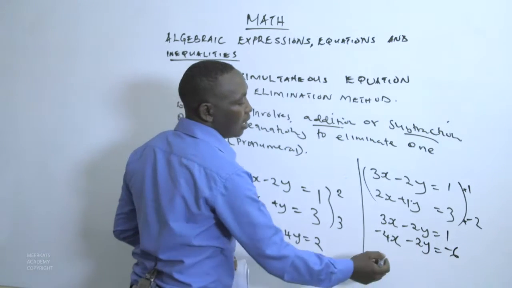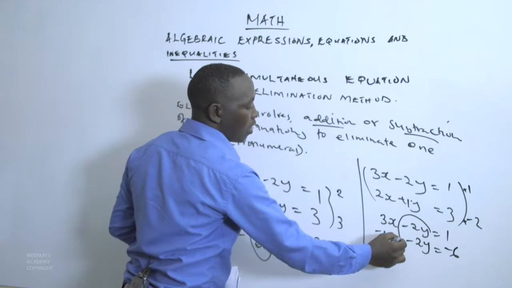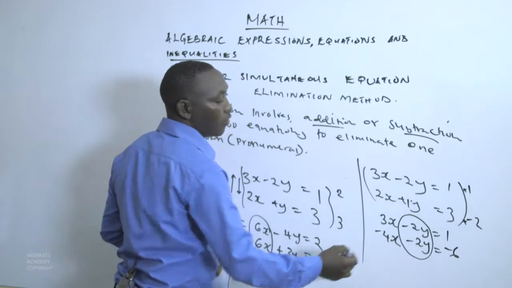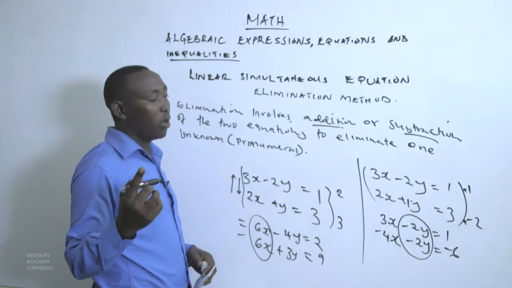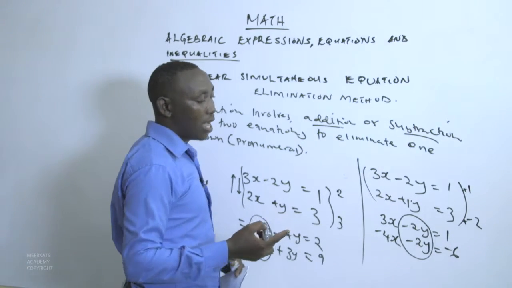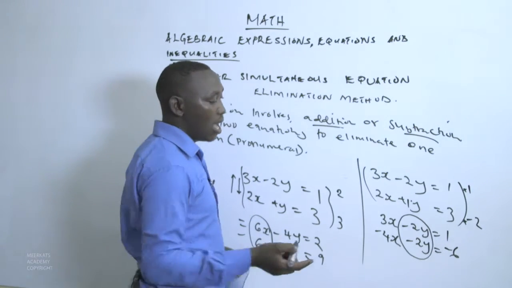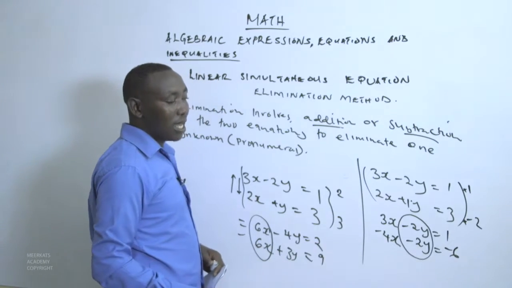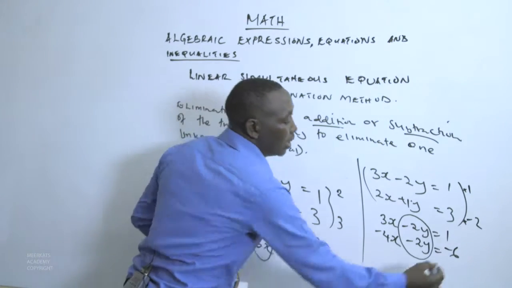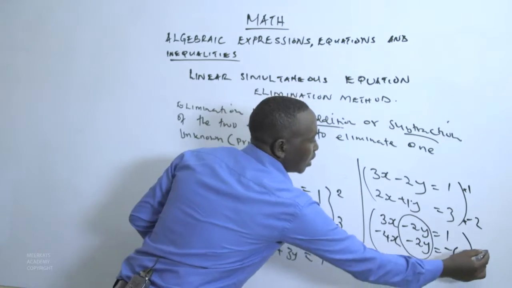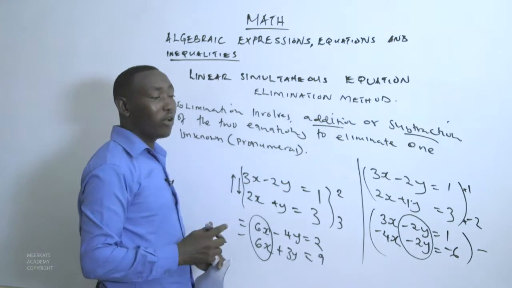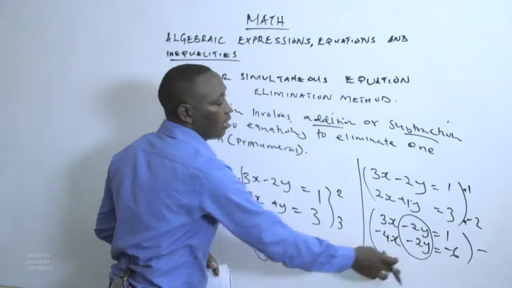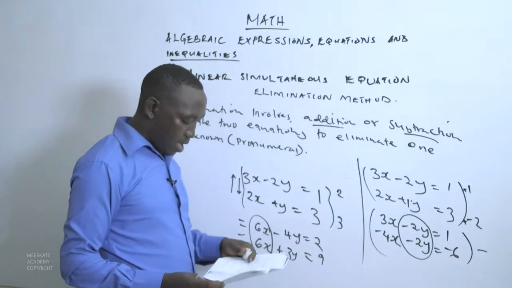So you'll discover again that you have ensured that the coefficient of y is common, and therefore you can go ahead and eliminate. For you to eliminate that, we need to subtract. You subtract the second equation from the first equation so that this part is eliminated.